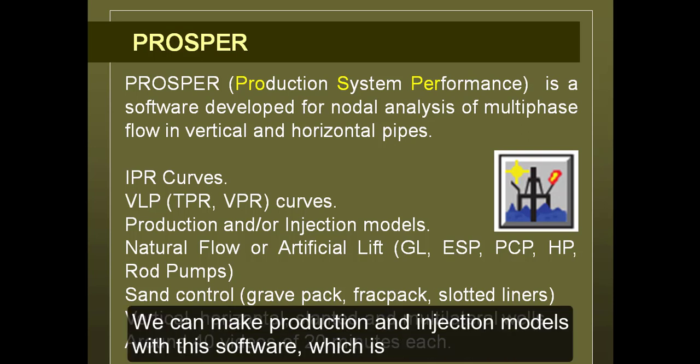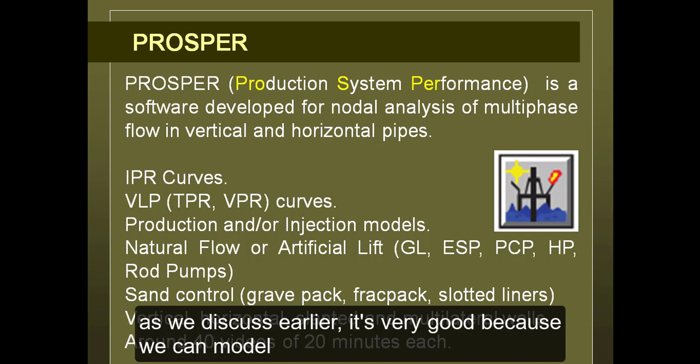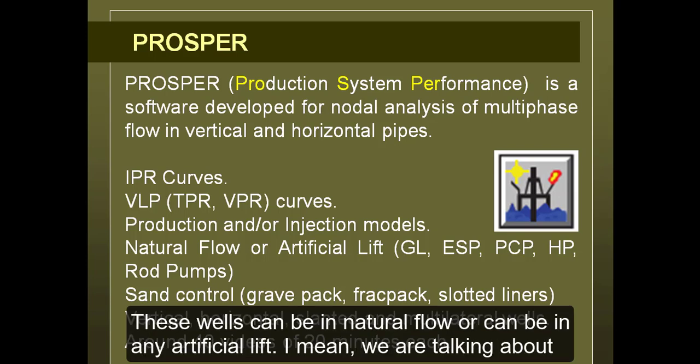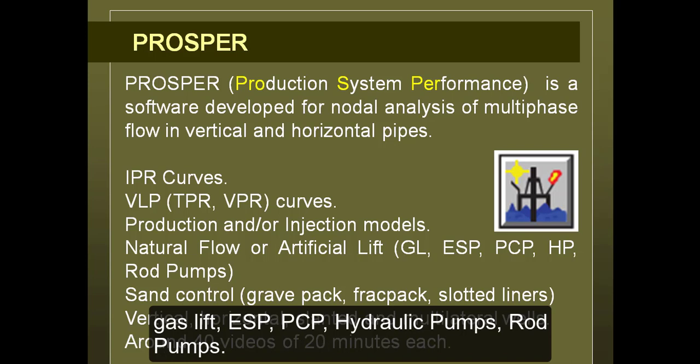We can make production and injection models with this software, which is, as we discussed earlier, very good because we can model not only production but also injector wells. The well can be in natural flow or can be in any artificial lift. I mean, we're talking about gas lift, ESP, PCP, hydraulic pumps, rod pumps.